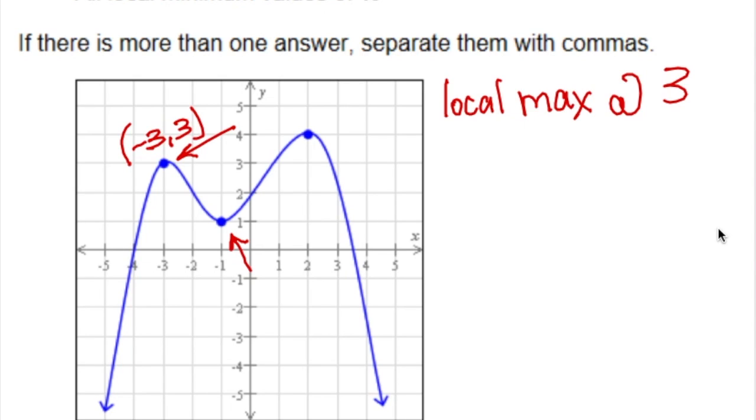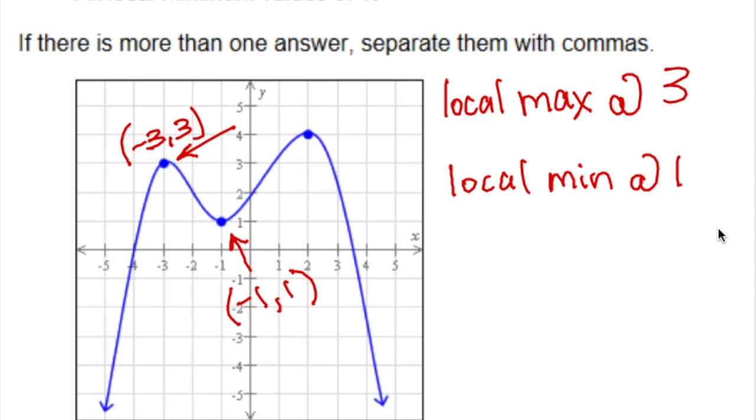So anytime that we reach a low point, that is a local minimum. The ordered pair that represents this point is (-1, 1), which means that this graph has a local minimum at 1, again, only the y value.